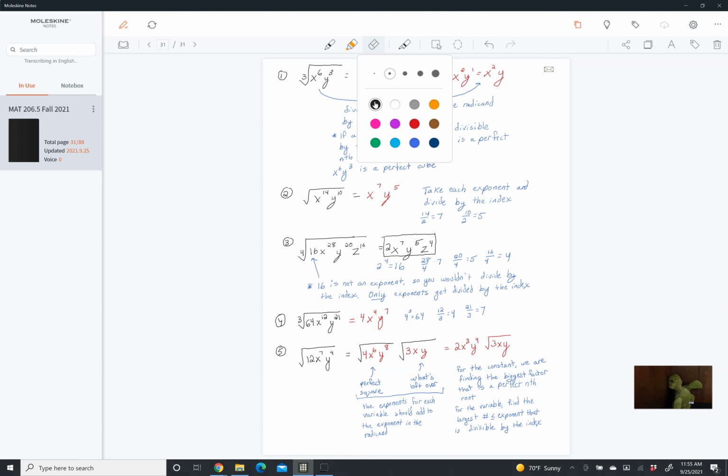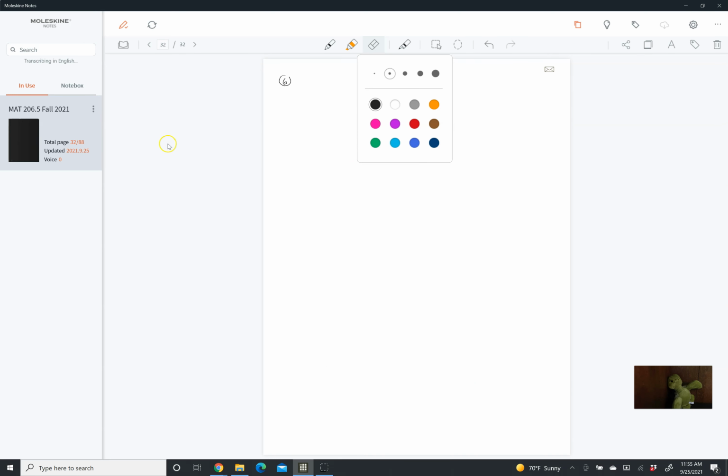Okay, so let's take the cube root of a to the 6th, b to the 10th, c to the 5th. So we're going to break this up into two roots.